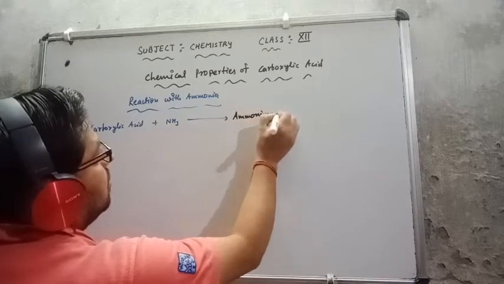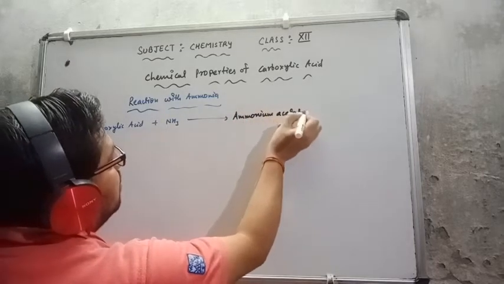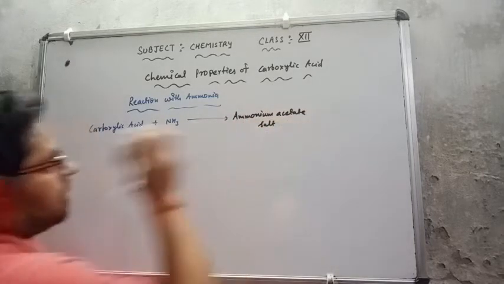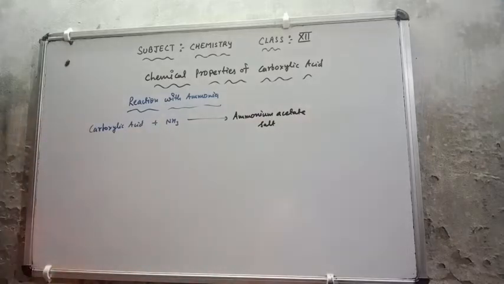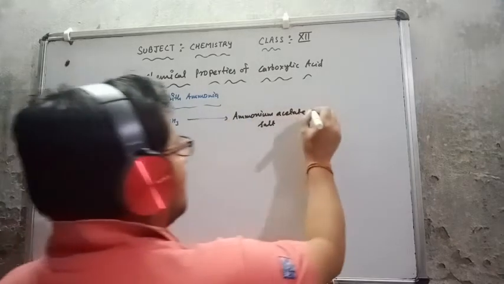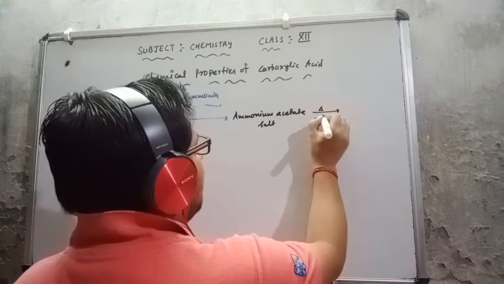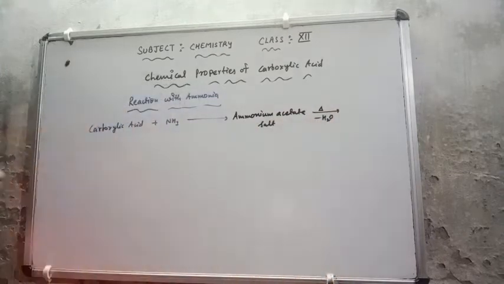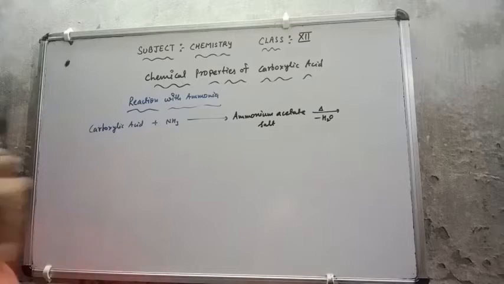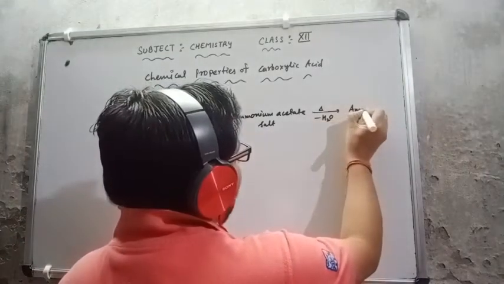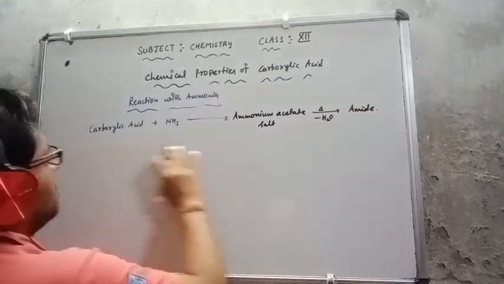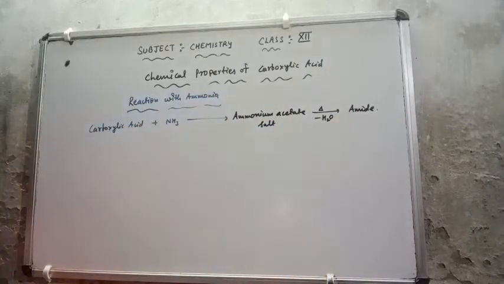After this we have to heat this ammonium acetate salt. During heating, a water molecule is removed and we get the amide. We are getting here the amide. So this is the general equation that I have discussed with you.